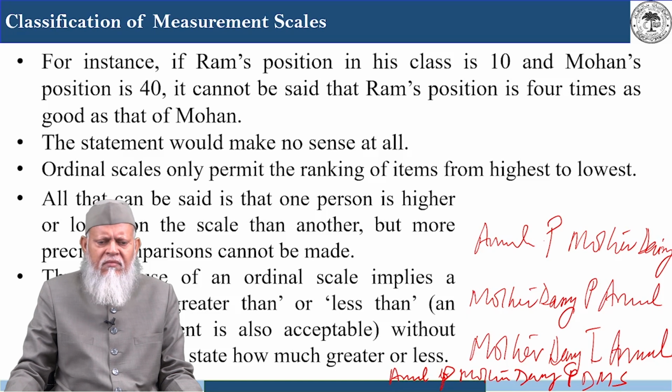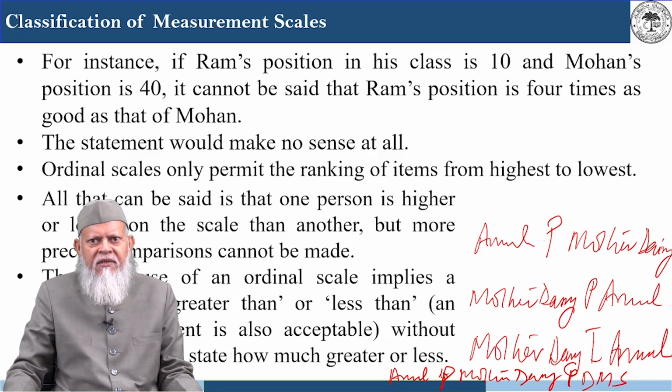These are some basic things about the ordinal scale. And since this scale is able to rank all the choices, all the preferences, this is why the ordinal scale is very popular in behavioral studies.